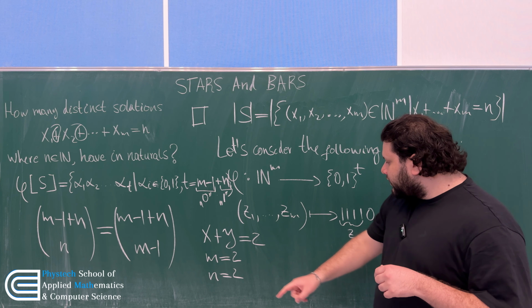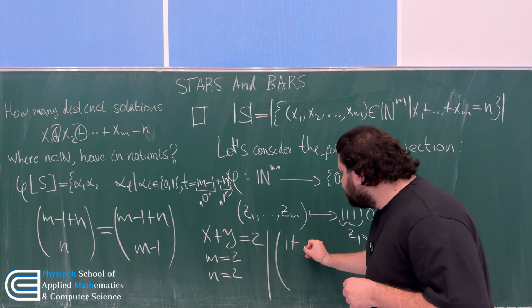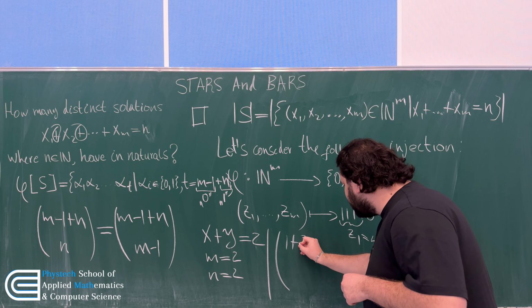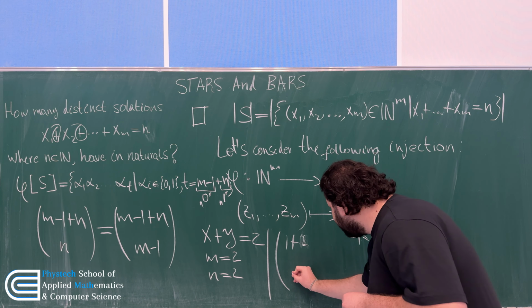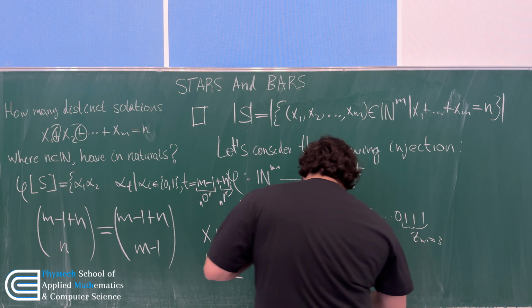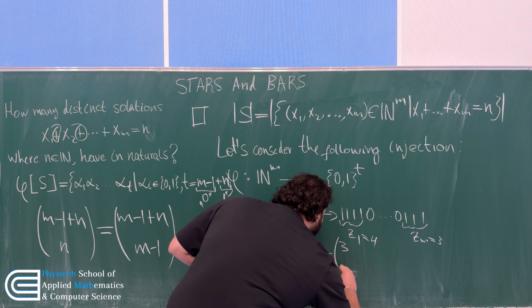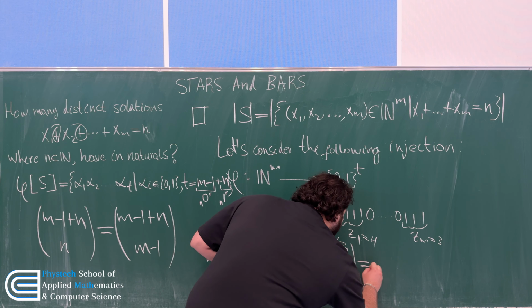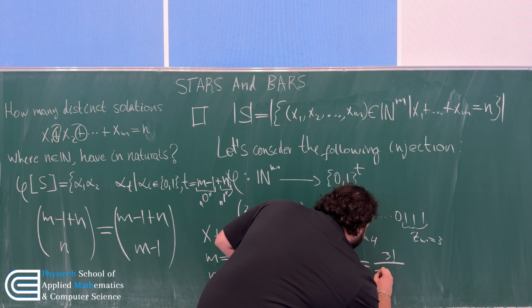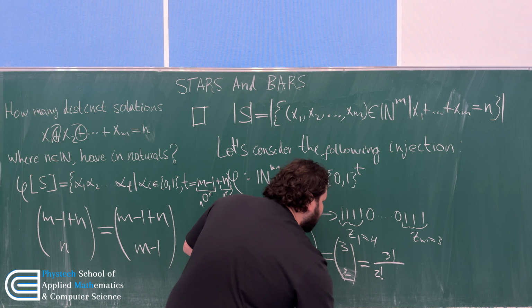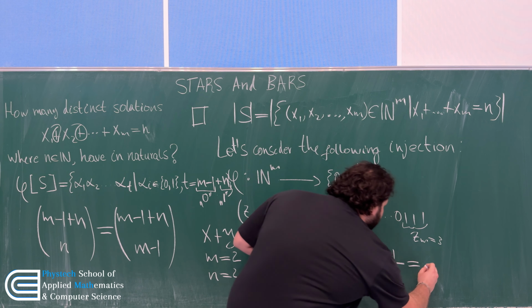We have n minus 1, which means 1, plus n, which is going to be 2, and choose 2. This is just going to be 3 choose 2. And this is just 3 factorial over 2 factorial times 1 factorial. And this is just 3.